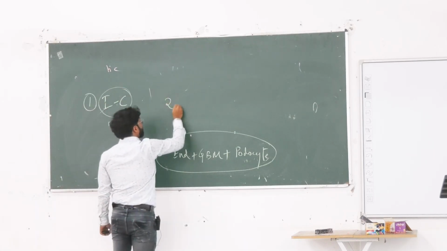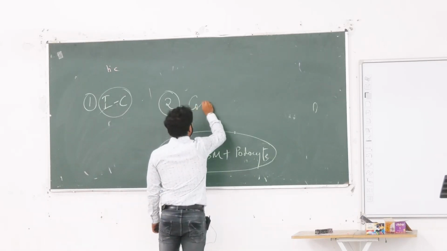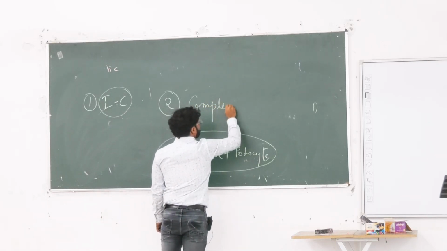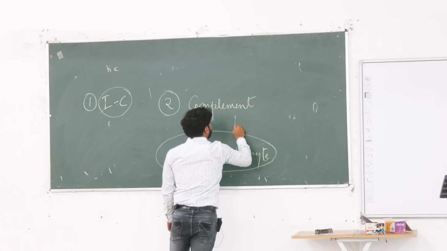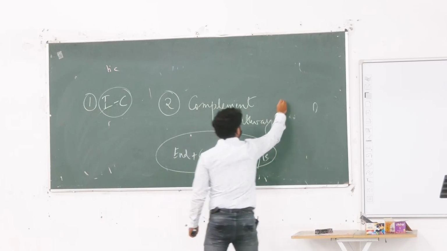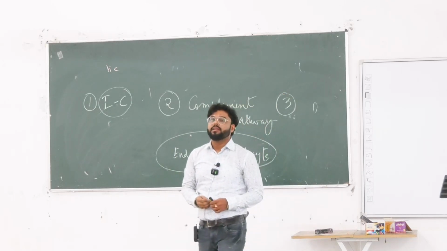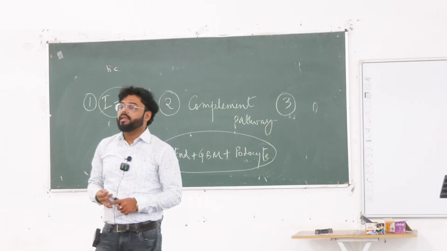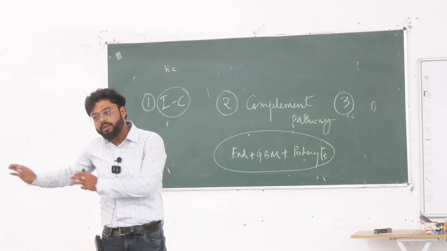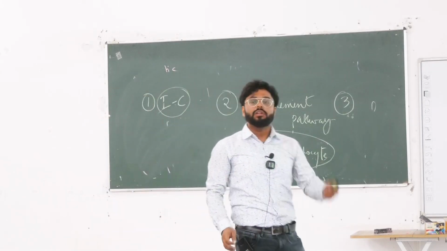Second is activation of complement pathway. And third is autoimmunity. That means there will be either excessive production of a particular group of immunoglobulin or some autoantibodies already present in the body.